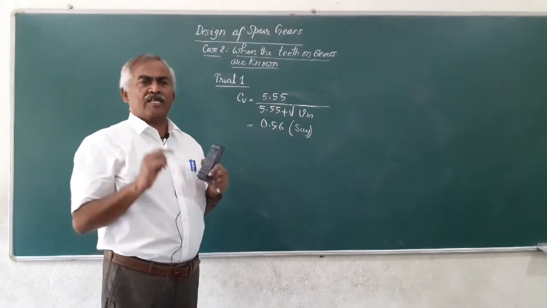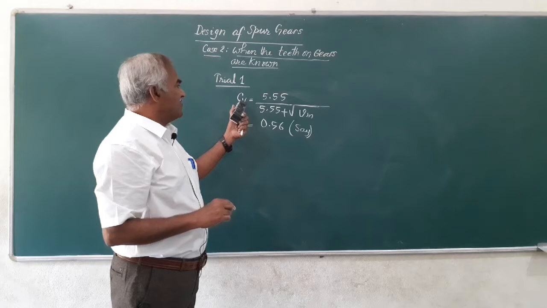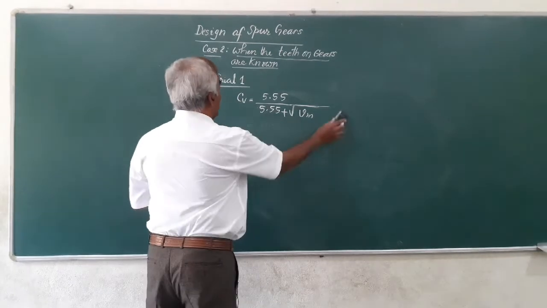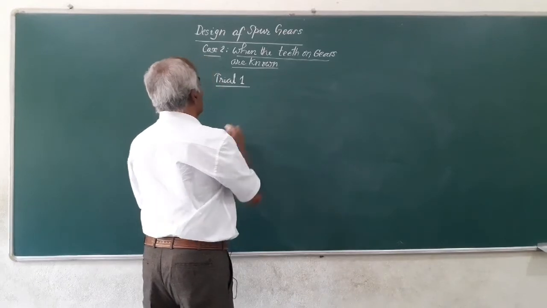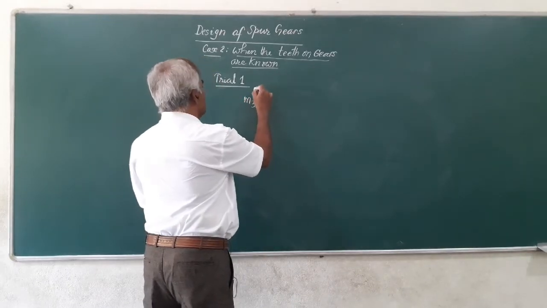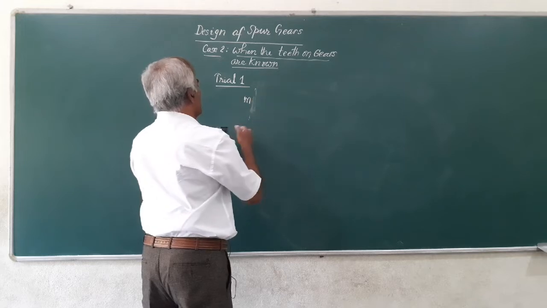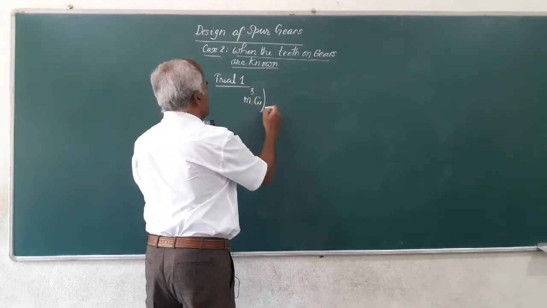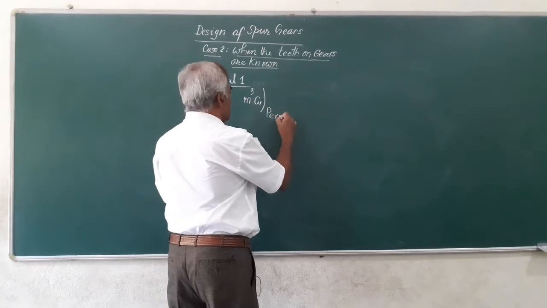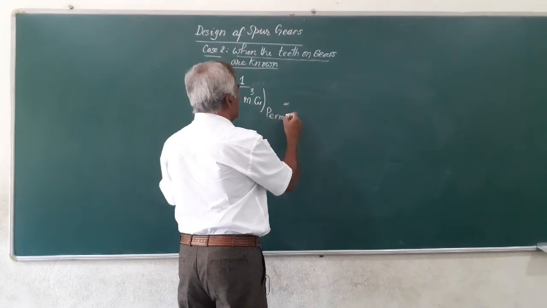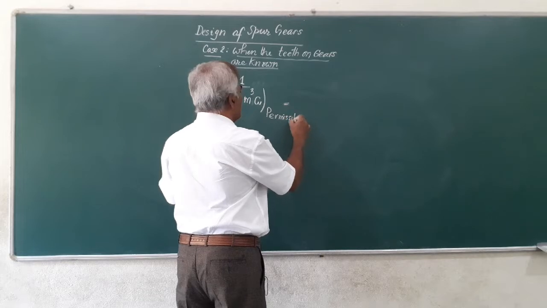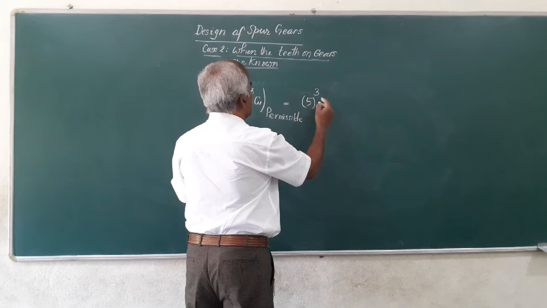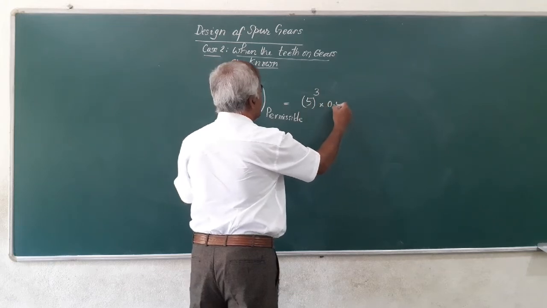We have assumed the value of module, we have calculated the value of Cv. Let us see what is the permissible value of m cube Cv. Therefore, m cube Cv permissible or allowed is equal to 5 cube, module I have taken as 5 cube, multiplied by Cv is 0.56.